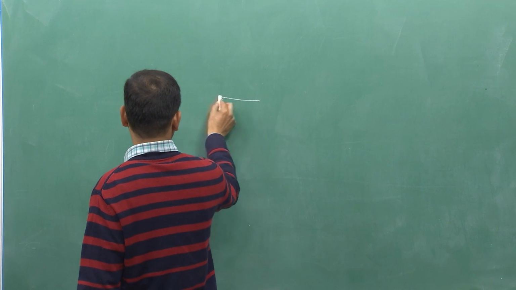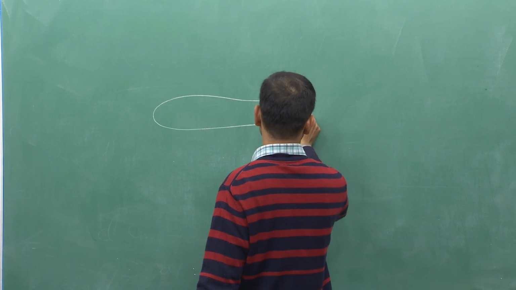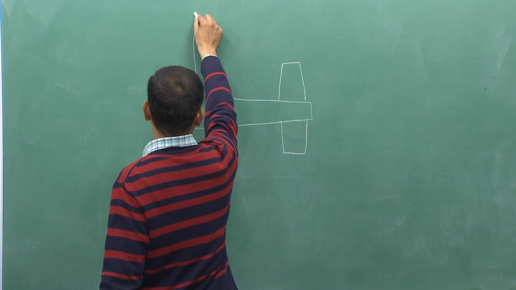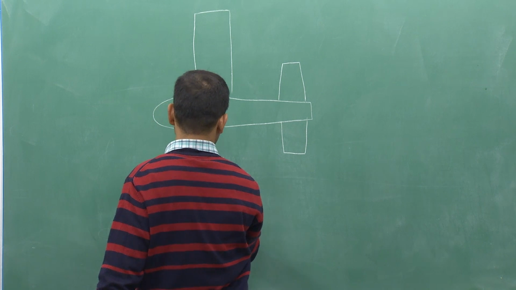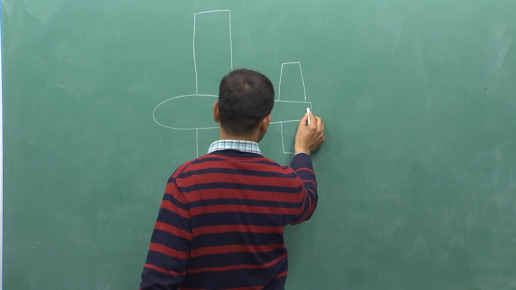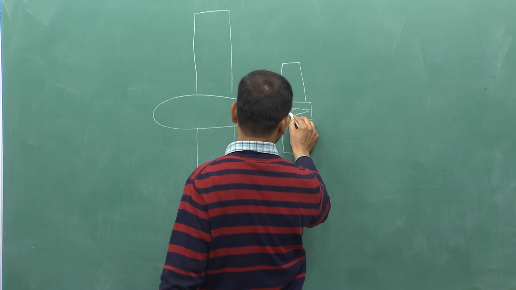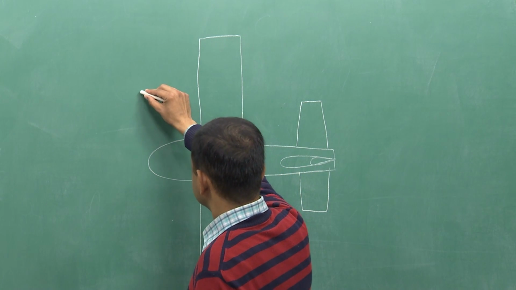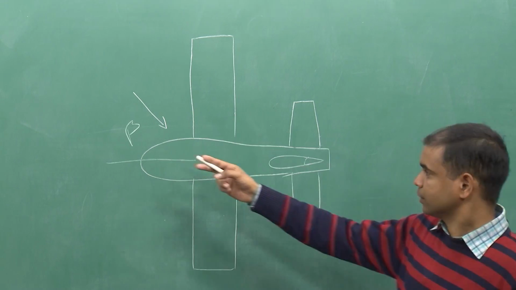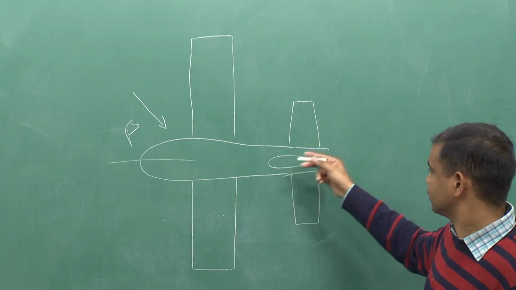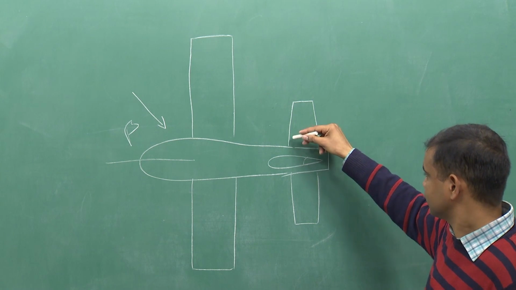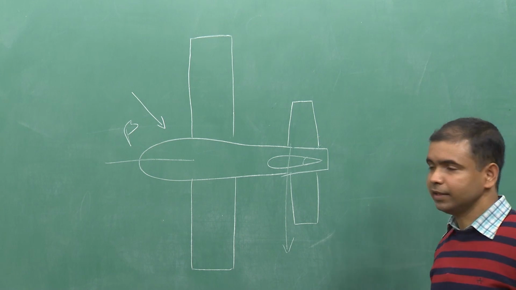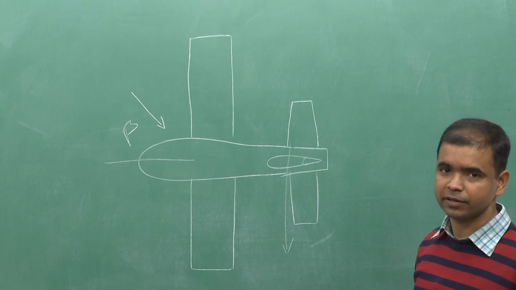Suppose this is the top view of the aircraft. Due to the crosswind, here will be beta, and due to beta there will be one force acting on this vertical stabilizer in this direction, and for the landing we will have to balance this force by deflecting the rudder.